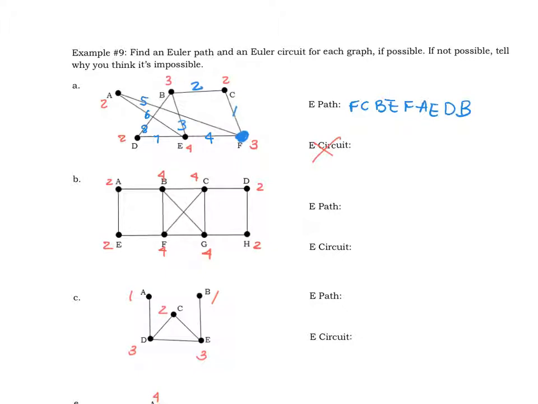So let me go ahead and write my path. Okay, on B, it looks like we're going to have an Euler circuit. So if I can figure out the Euler circuit, that means I will also have some sort of Euler path as well. So I'm going to go ahead and start at B. So I decided to go from B to G, G to C, C to F, F back to B, and then perhaps from here you could see that this particular circuit is fairly easy to find.